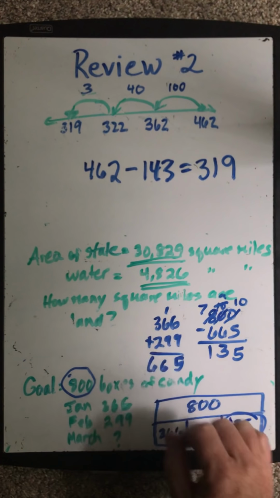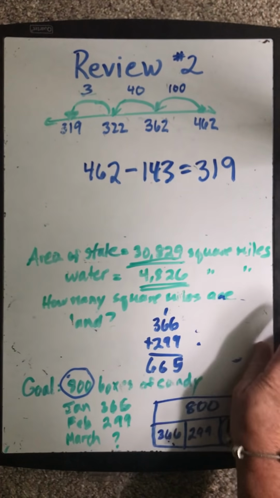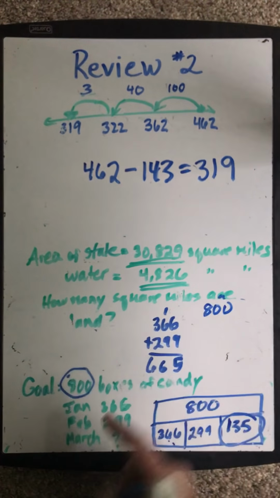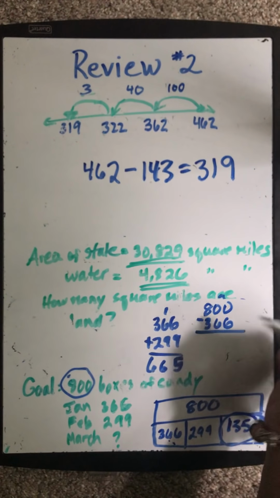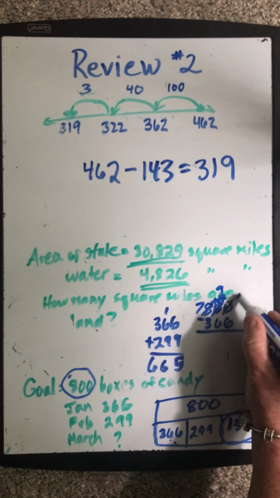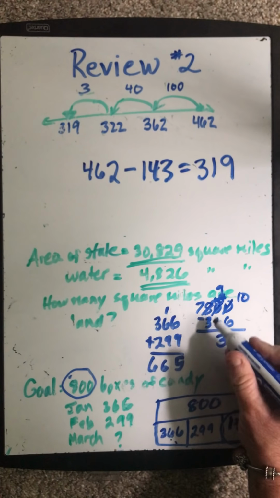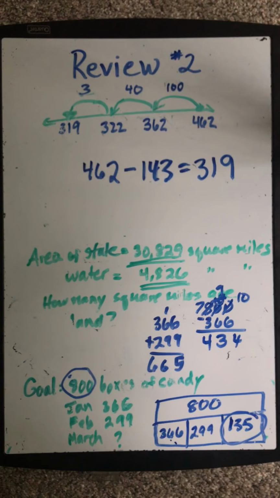Now, another way that you could solve this is you could, let's see, you know that the goal is 800. You know that they sold 366. You could go ahead and subtract one at a time. So subtract this. Okay, after January, that means they had 434 more boxes to sell.